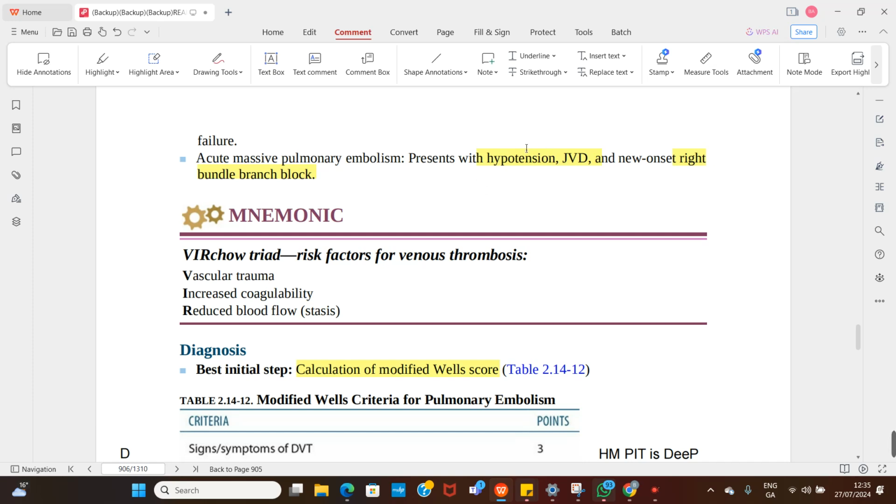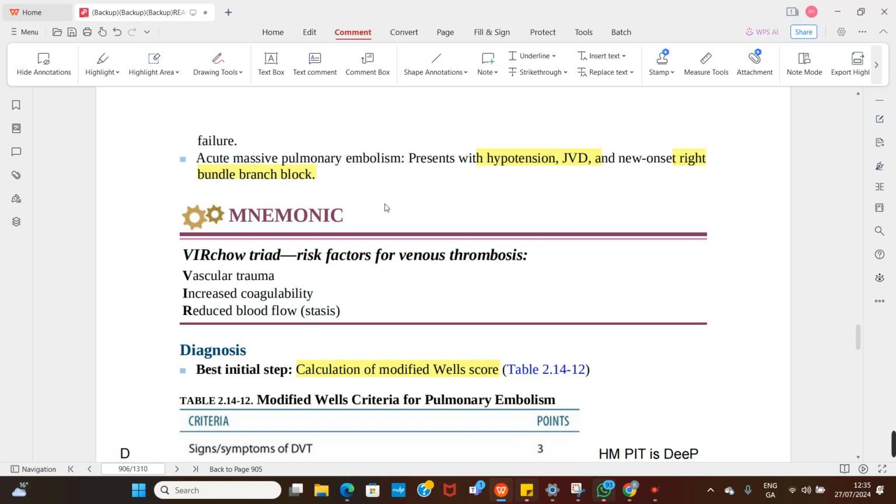And this is going to be what type of shock? Anybody? Obstructive shock. And there's going to be elevated JVP because blood is pooling up from the right ventricle and right atrium to the jugular veins. Because of the sudden distension of the right ventricle, there's going to be a stretch on the bundle branches within the right ventricle, causing your RBBB.